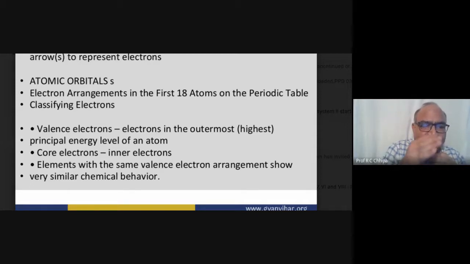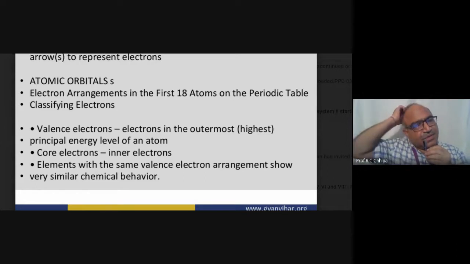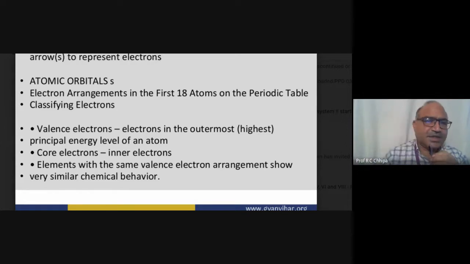So we continue: carbon, then nitrogen, oxygen, fluorine, neon. Neon has 8 electrons in the outer shell, that is the inert gas configuration.